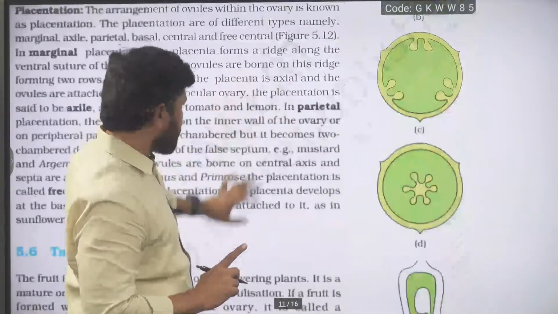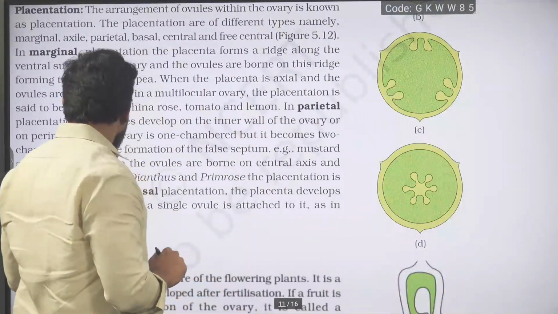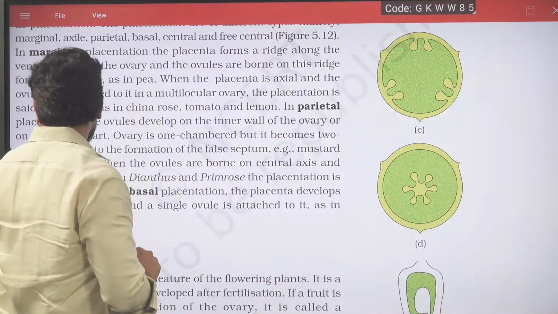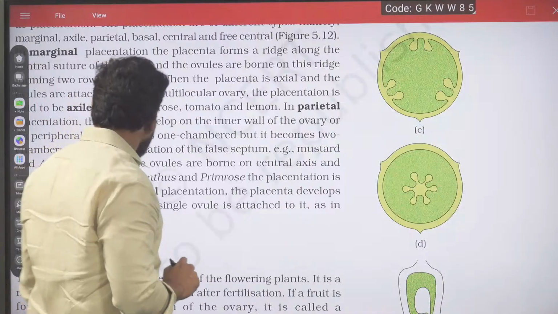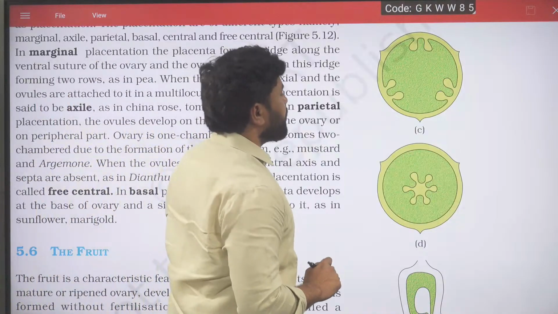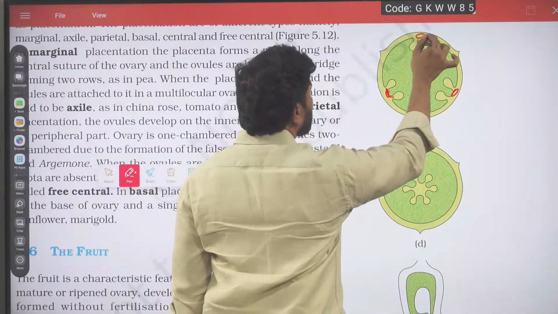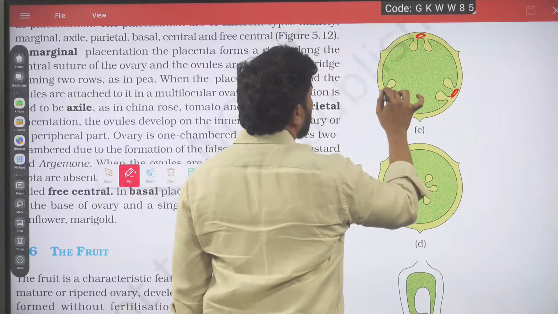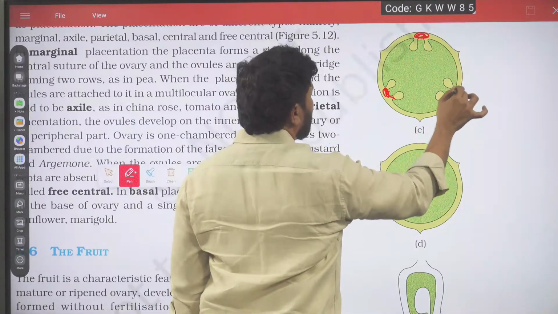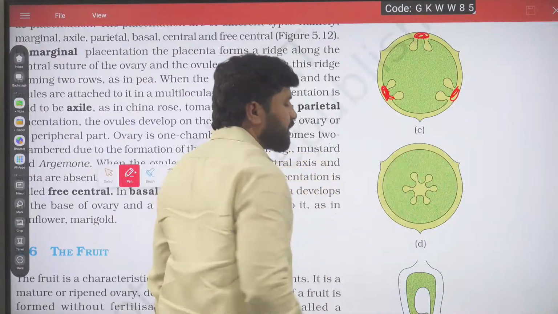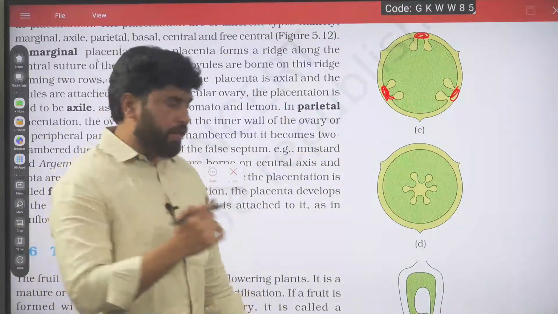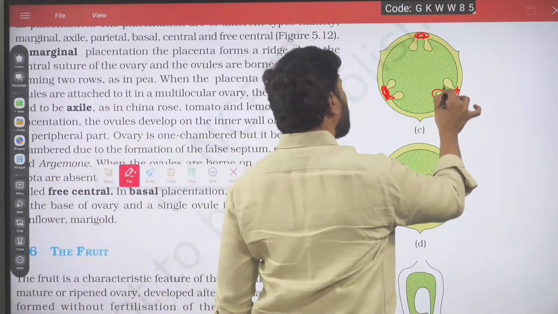parietal placentation. In parietal placentation, what would be the condition? The placenta is present at the peripheral area, not in the center. From the periphery, ovules develop inside.